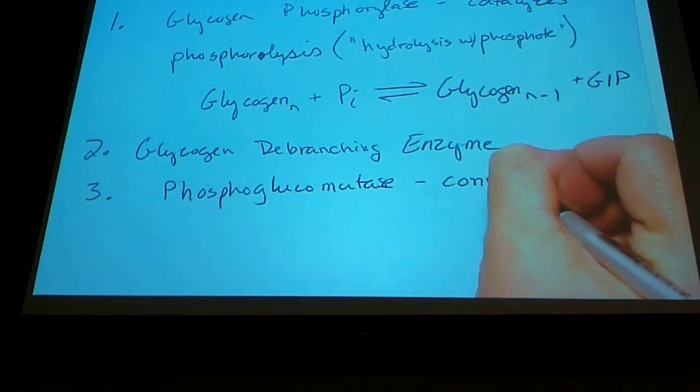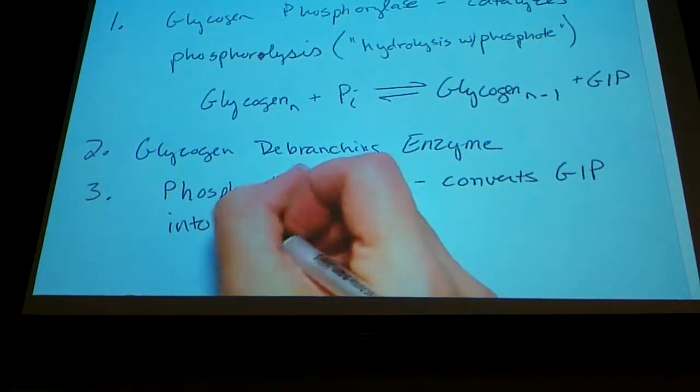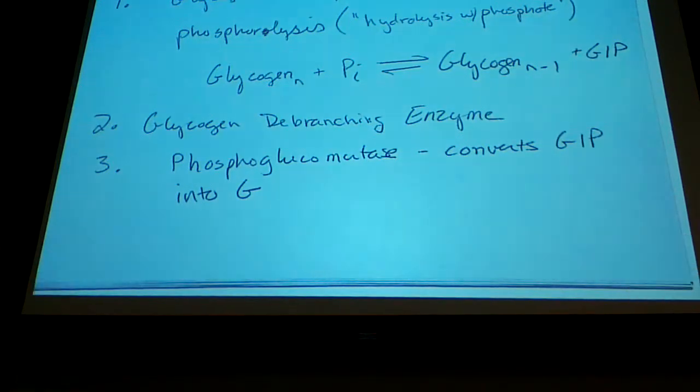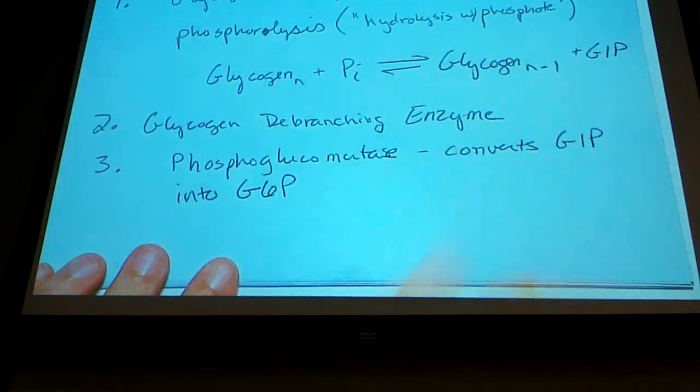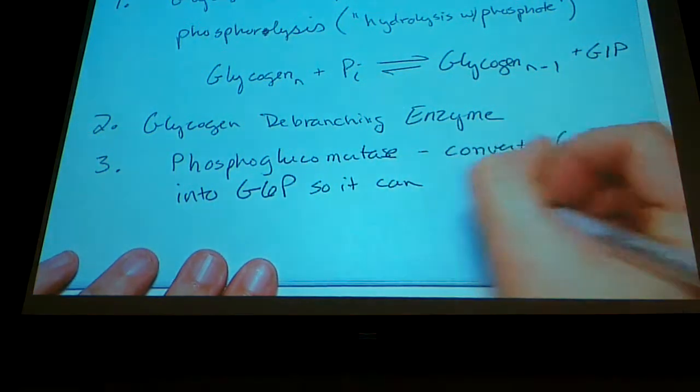And this is going to convert glucose 1-phosphate into glucose 6-phosphate, so it can enter glycolysis.